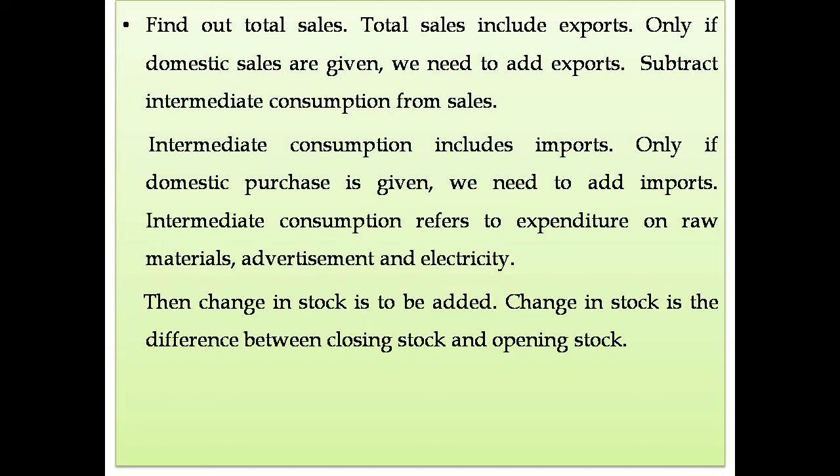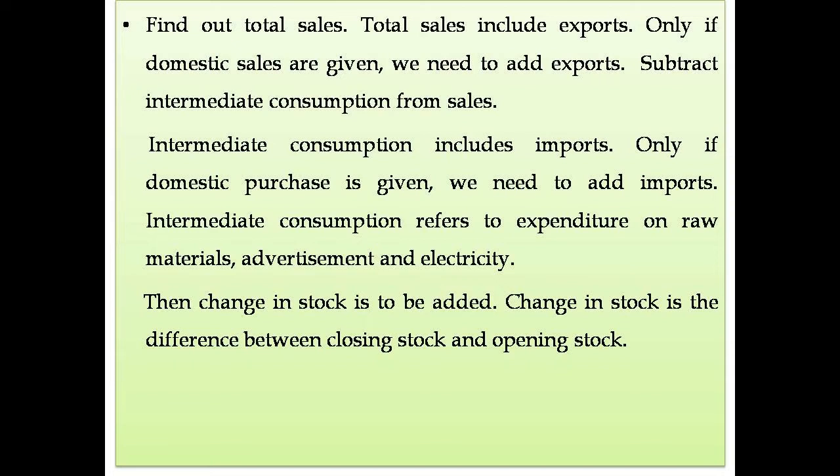Intermediate consumption means purchase of raw materials, advertisement expenditure, expenditure on electricity. In the problem, if intermediate consumption is given, take it as it is. No need to include imports.